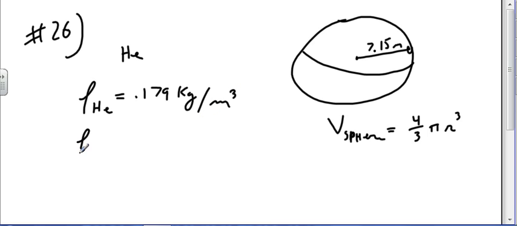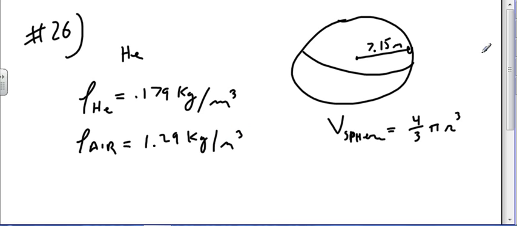And we also need the rho of air. And from the same page in the book, we find the rho of air is 1.29 kilograms per meter cubed.